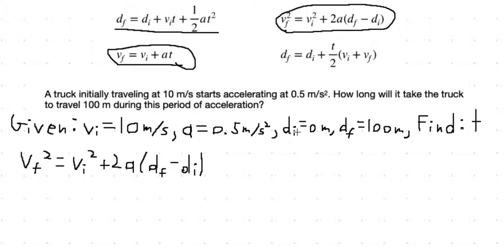And we know di is equal to 0, so we can just cross that off. So we can just rearrange algebraically and then solve for Vf. So all I have to do is just take the square root of both sides and we get Vf.